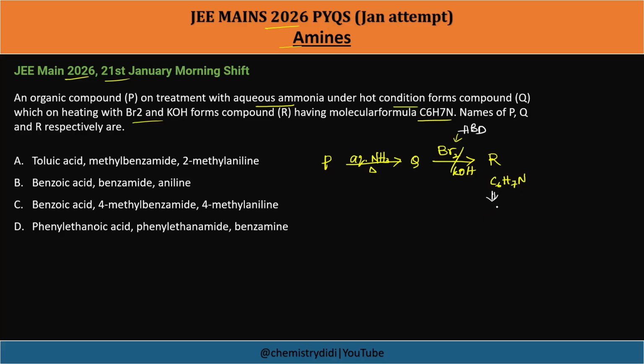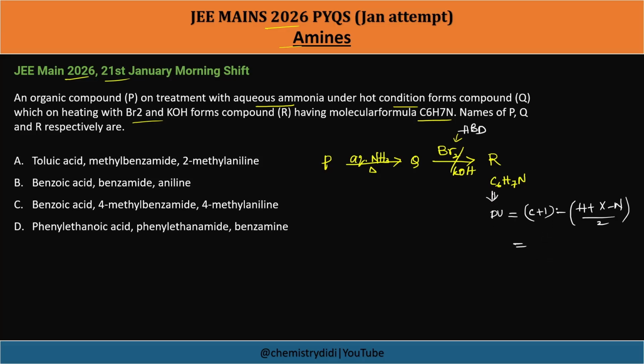If you find that, you'll know how many rings and pi bonds are there in that compound. The formula for degree of unsaturation is C plus 1 minus H plus X minus N by 2. You can calculate it directly, but for your reference I'm just writing the formula.